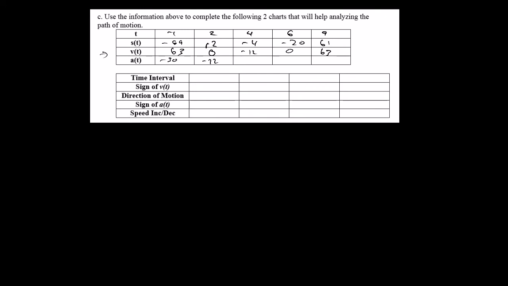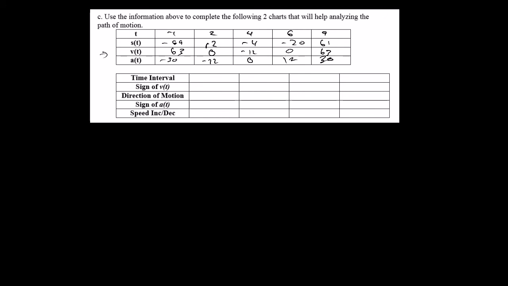And then we're going to have 6 times 4 minus 24, which is going to be 0. And then 6 times 6 minus 24 is going to be 12. And then 9 times 6 minus 24 is going to give us 30. So using this chart, we're going to fill in this bottom one.